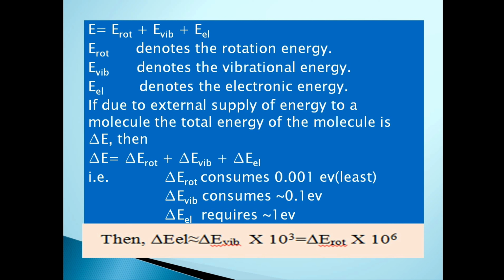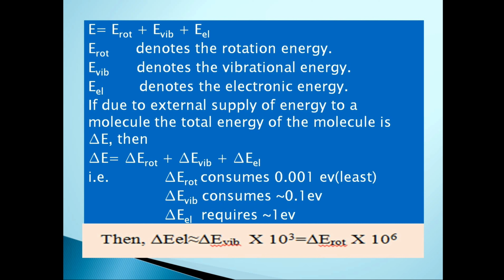If you compare these three types of excitation and their energy requirements, we can write that delta E electronic is in the range of delta E vibration times 10 to the power 3. That is, delta E electronic is 1000 times the vibrational energy.